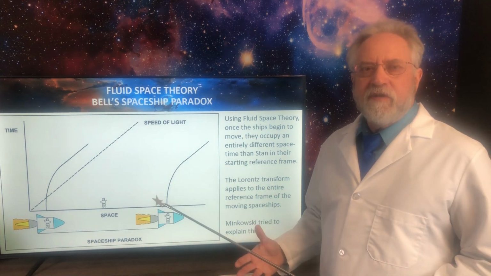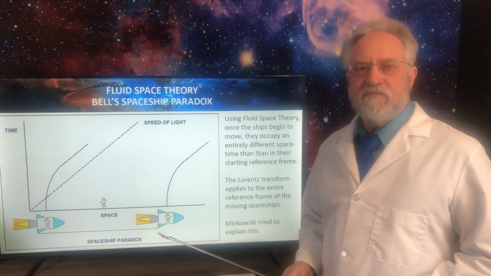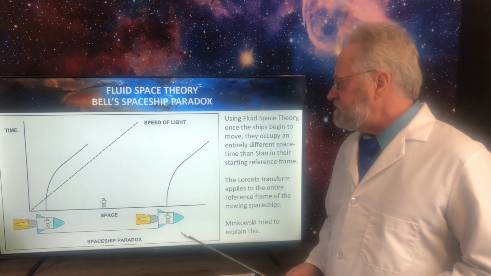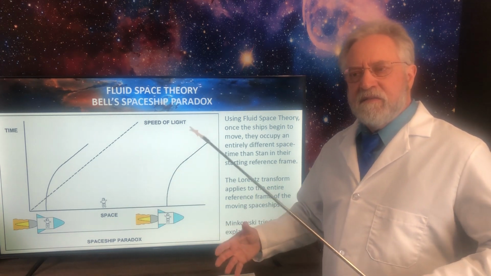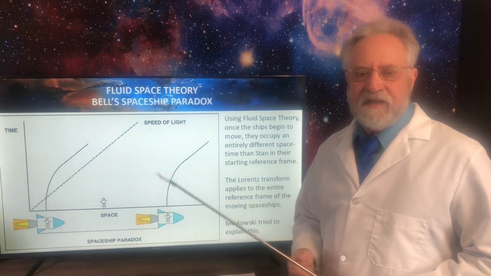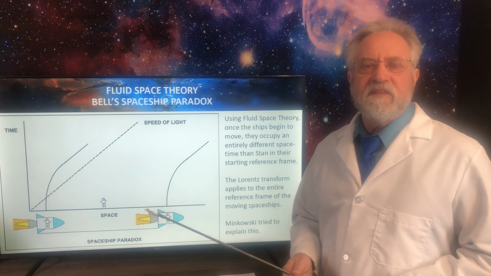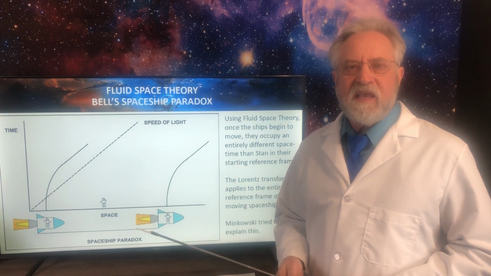If you want to know what's going on with the ships and the string, you have to get into their accelerated reference frame and follow them. And then the analysis would say that the two ships move along together, they become length contracted, or actually they don't even notice they're becoming length contracted, and the string remains intact.